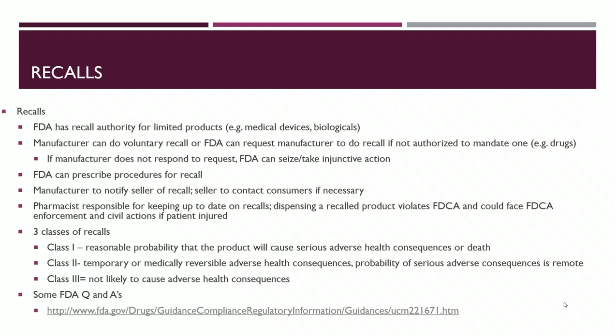The manufacturer is to notify the seller of the recall. The seller is to contact the consumers if that's what is decided is the best recall. Not all recalls are going to go down to the patients that already got it, because if it's determined that that type of risk analysis is not needed, then that's not going to be done. So it depends. But if it reaches that level, that's how it's most likely going to happen, probably.